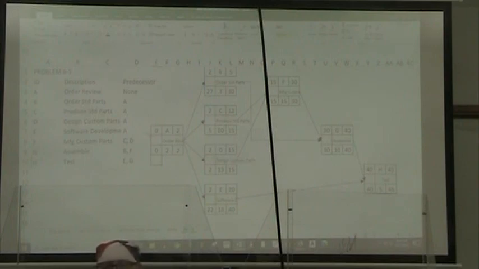All right, one more thing that we have to calculate is our slack time. So that's equal to late start time minus early start time.